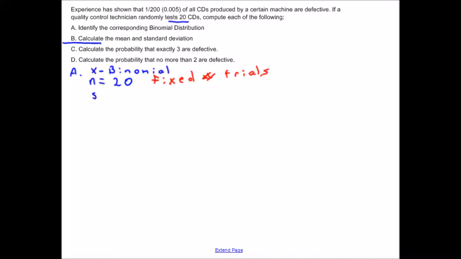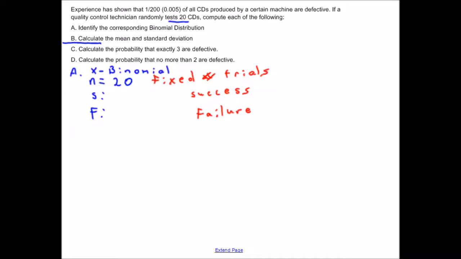You have S and F, which stands for success and failure. These need to be written in terms of words. It describes what you're going to call successful for this experiment.